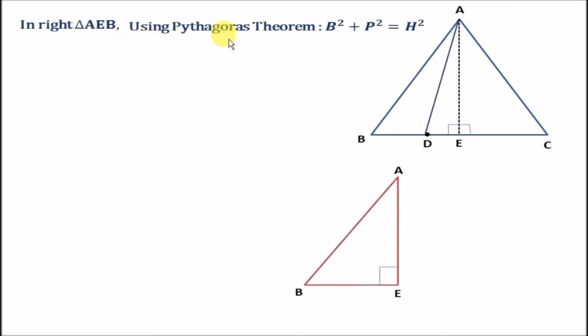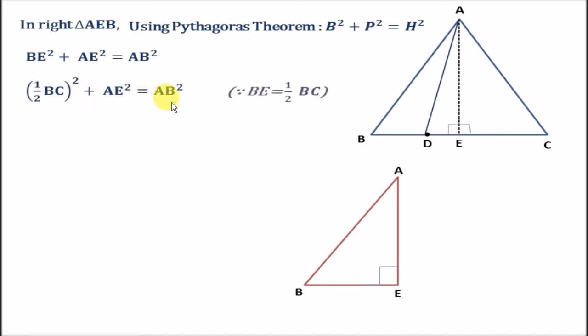Now, using Pythagoras theorem, we will get BE square plus AE square equals to AB square. Replacing the value of BE as half of BC, we will have half of BC whole square plus AE square equals to AB square, since BE is half of BC. 1 1s are 1, 2 2s are 4, so 1 by 4 BC square plus AE square equals to AB square.